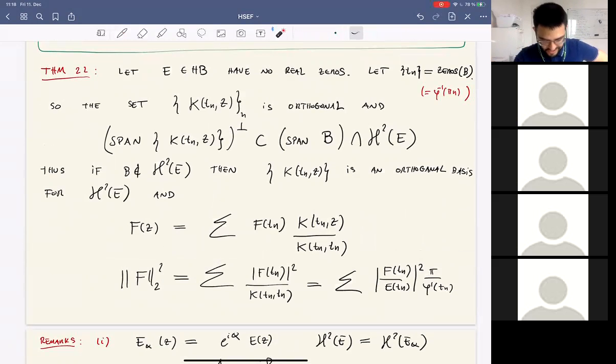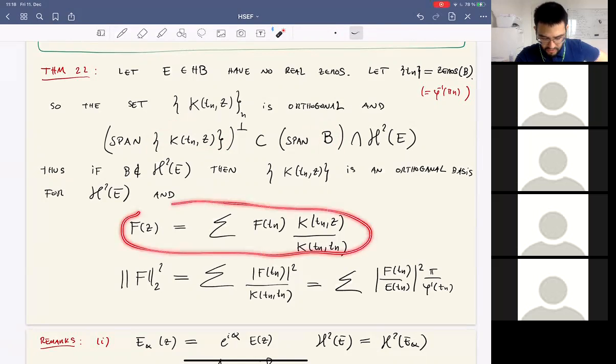So let's just stare at the result. What do we need? We first need to show that these things are orthogonal. We kind of know that already because I did the computations, but I will do it again anyway. And then we have to take a function f, assume that it's orthogonal to all these functions here, and prove that it has to be a multiple of the function B. That would basically finish.